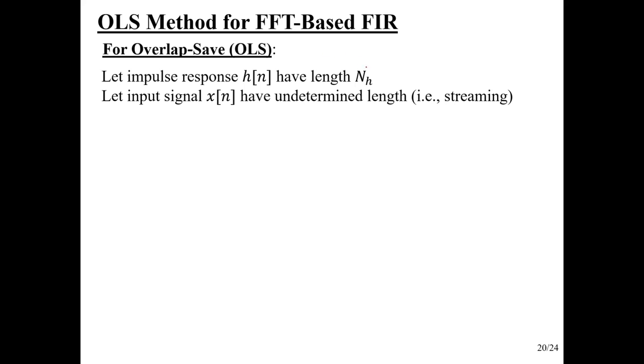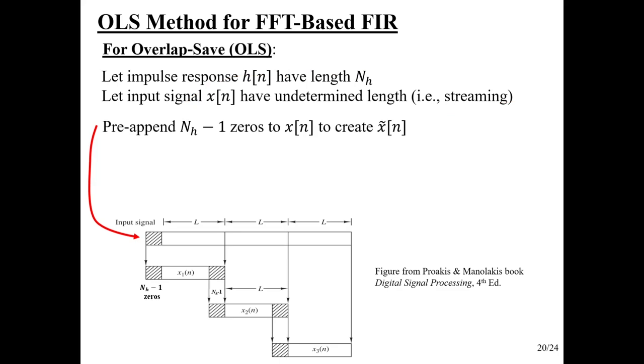So, same old: h of n has length NH, undetermined streaming input. Here's what we're going to do. The first thing we're going to do is pre-append N-1 zeros to our input stream. That's easy enough to do. Just before you start filtering anything, you've got a bunch of zeros sitting there, and your first signal sample comes in and gets put there, and then the next one, and the next one, all the way out to there.